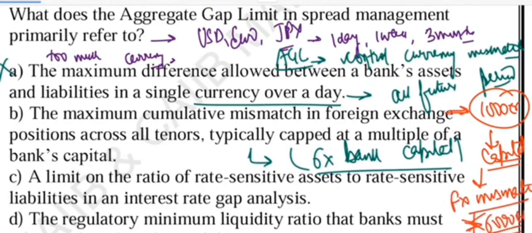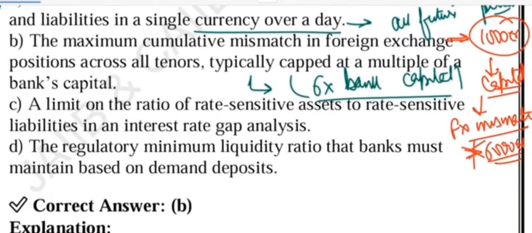That is the meaning of it. AGL tells the bank that you can't have a foreign exchange mismatch beyond a certain limit, and this limit is set at 6 times the bank capital. So suppose bank has 1000 crore in capital, so it cannot have foreign exchange mismatch larger than 6000 crore. Yes, option B is perfectly correct.